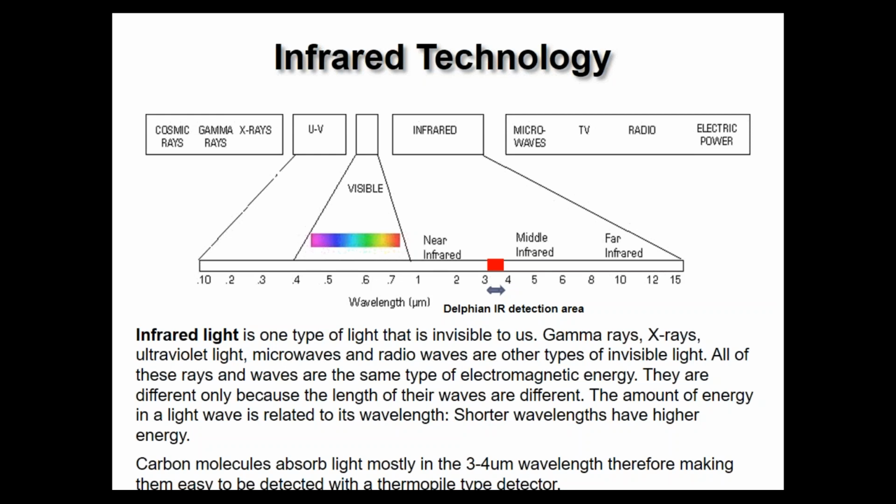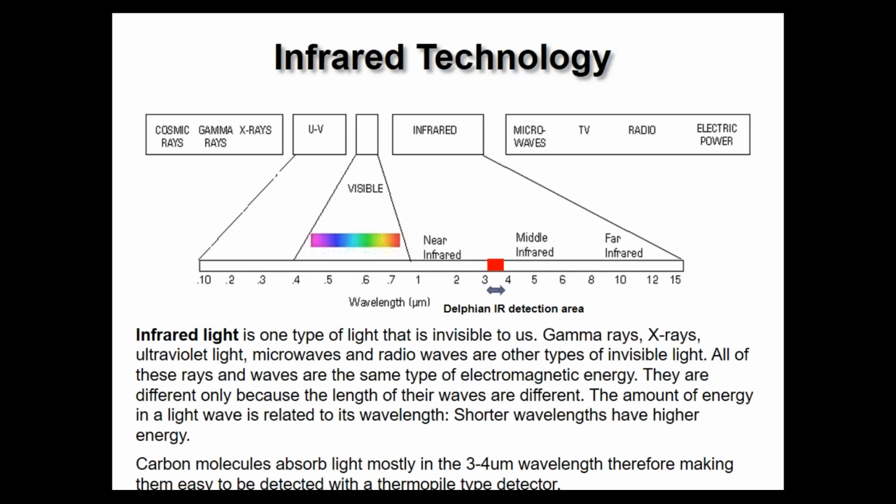The area that we're concerned about is due to the fact that the carbon molecule vibrates at a very specific wavelength, a very specific energy level. That's between 3 and 4. Actually, more specific, between 3.2 and 3.4.